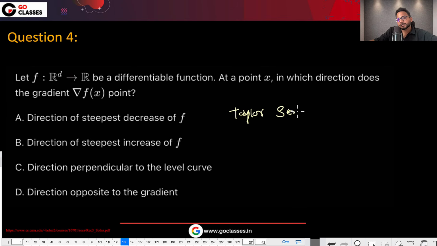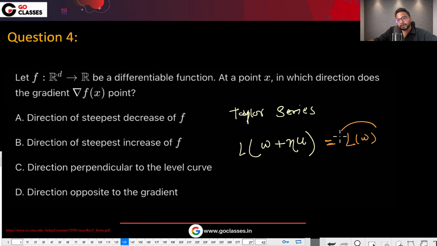From the Taylor series, you might remember that for any function, let's suppose you know the value of the function at w and you want to know the value of the function at some other point, say w plus eta u. Basically, in the direction of u I'm taking a very small step eta. Then you can approximate this function with the Taylor series.